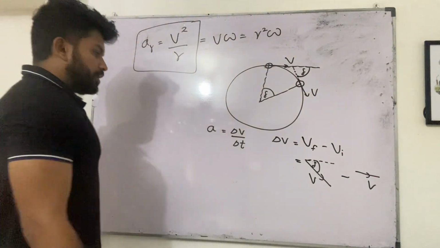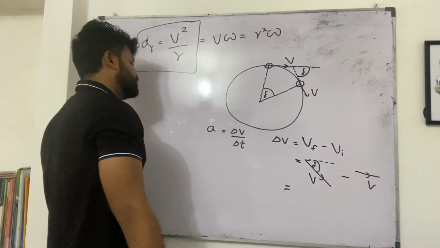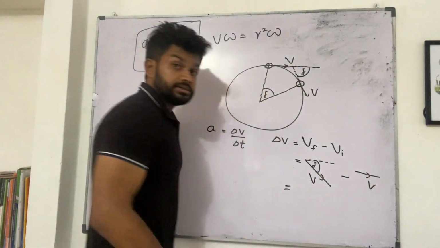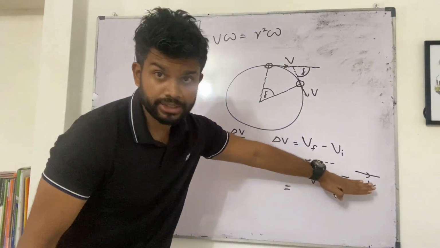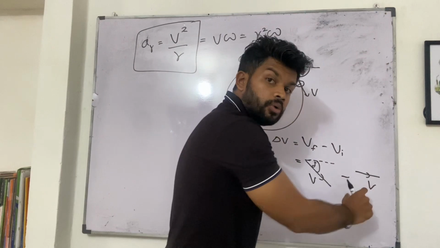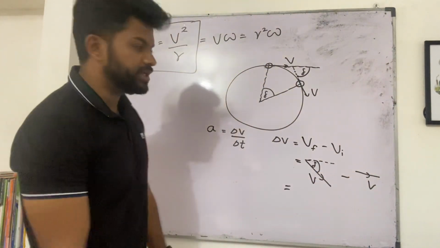The next important idea is that when you have a negative vector, instead of writing negative, you can make it positive by switching or opposing the direction of this v.